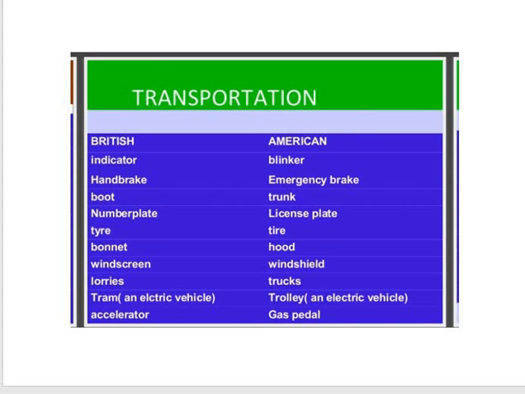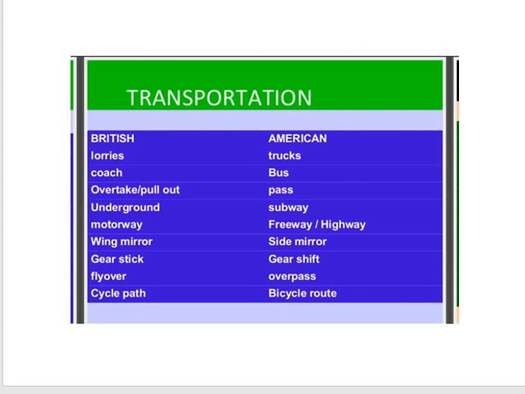Accelerator, gas pedal. Coach, bus. Overtake, pull out, pass. Underground, subway. Motorway, freeway, a highway. Wing mirror, side mirror. Gear stick, gear shift. Flyover, overpass. Cycle path, bicycle route.